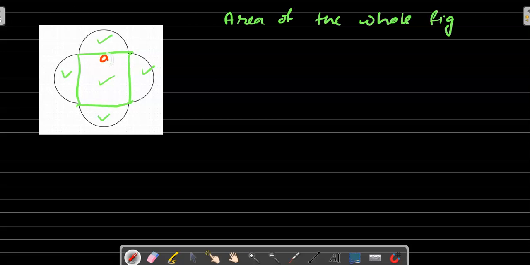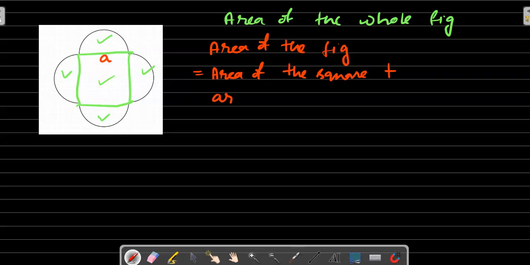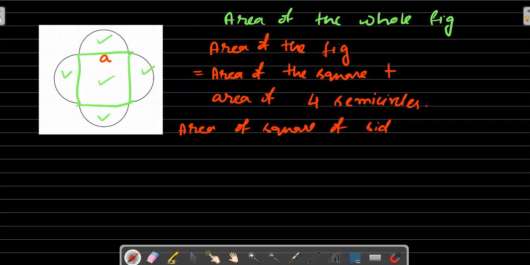The side of the square was A. So area of the figure is equal to area of the square plus area of 4 semicircles. Area of square of side A is equal to A square.